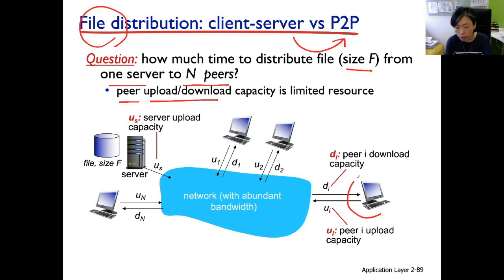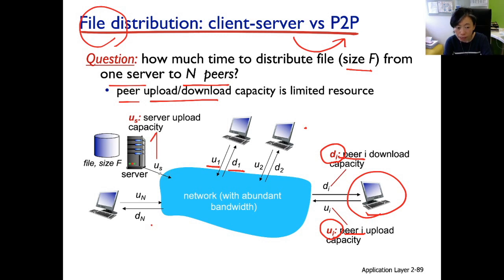So look over here. This is peer i. Its uplink capacity is called u_i, and downlink capacity d_i. In the same fashion, for user 1, uplink bandwidth is u_1, downlink bandwidth is d_1, and the same for user 2 and user N. The server is over here.